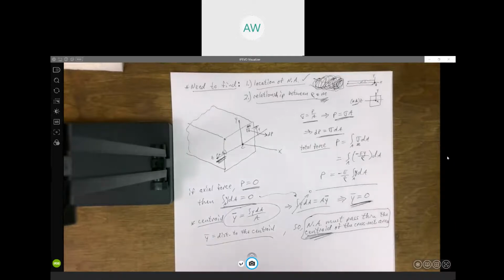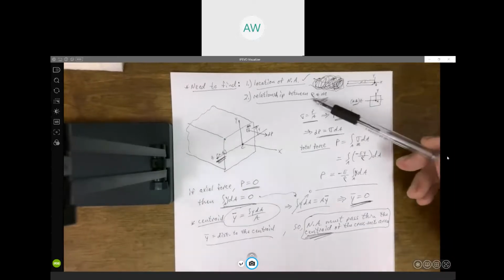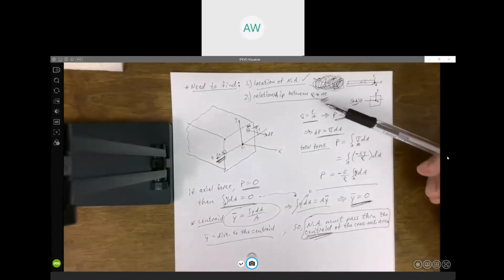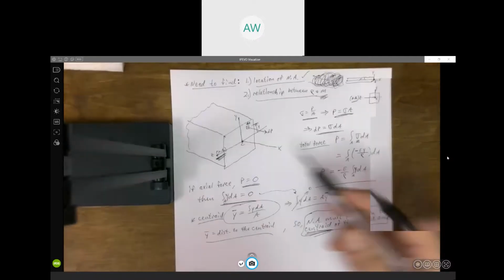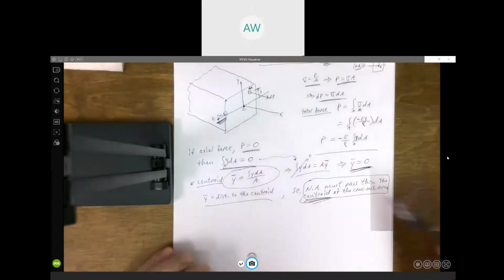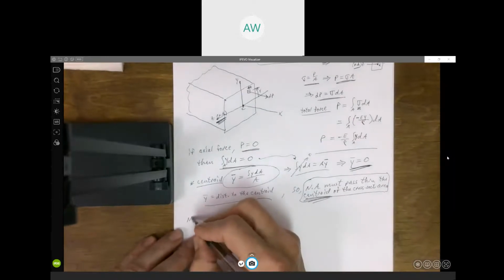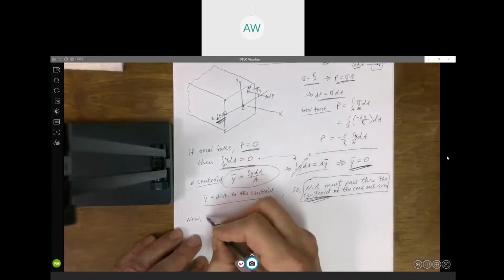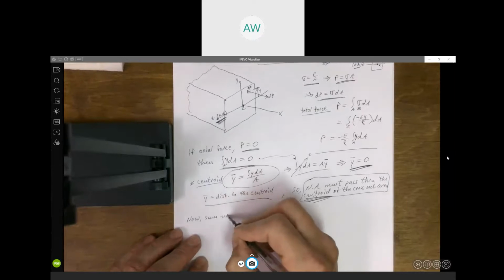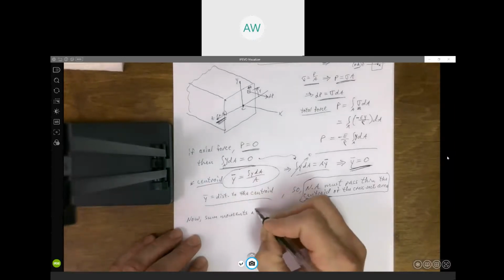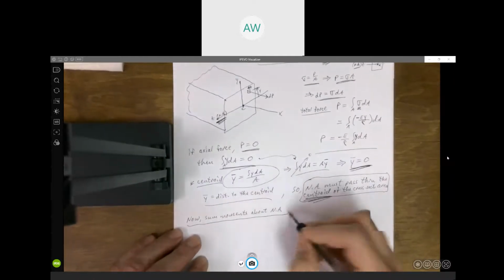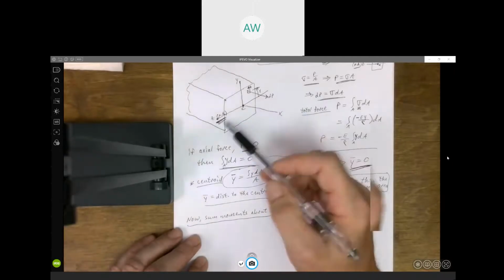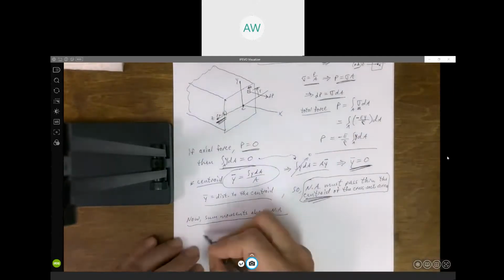All right, well, now let's turn our attention to the second question. The second thing we need to determine is to see if we can get a relationship between the moment and that radius of curvature. So we're still looking at the same picture, but now let's sum the moments about that neutral axis, the z-axis.